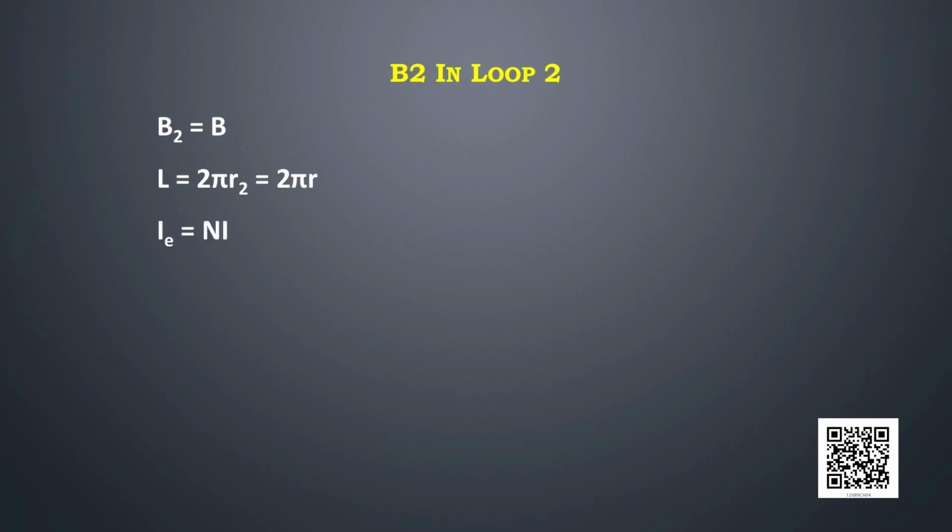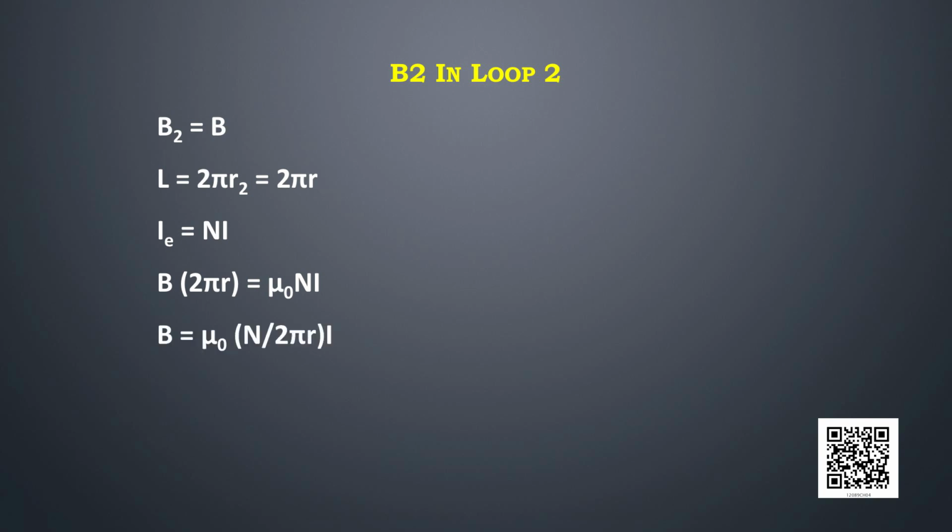Now the current enclosed Ie will be given by Ie equals N I, where I is the current in each loop. Now using Ampere's circuital law, we will get B multiplied by 2 pi r equals mu naught N I.